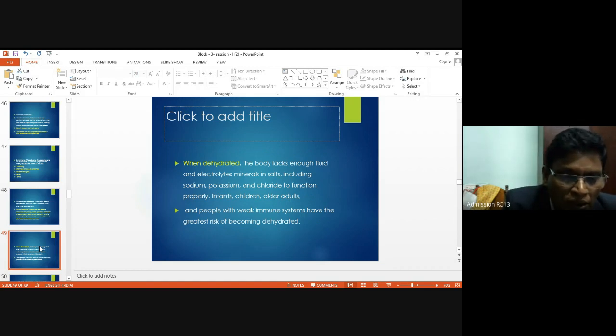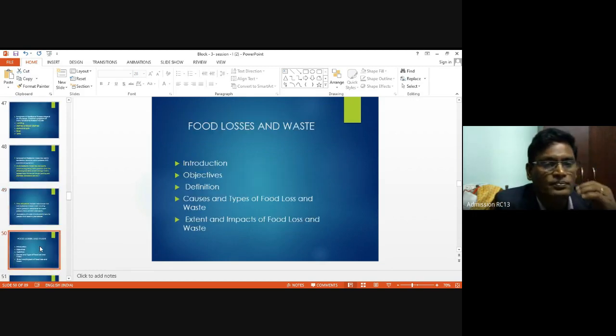Because of the minerals lost during dehydration, it affects children and infants particularly. That's why the compensation of water is very, very important. And people with a weak immune system have the greatest risk of becoming dehydrated. Some people's immune systems are very weak, and they may not be able to withstand dehydration and the other health problems they come across.